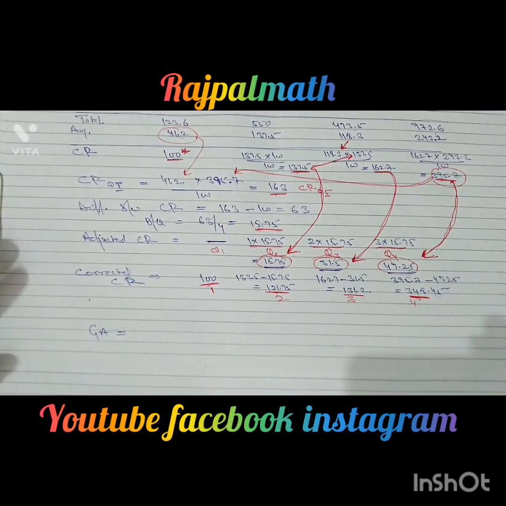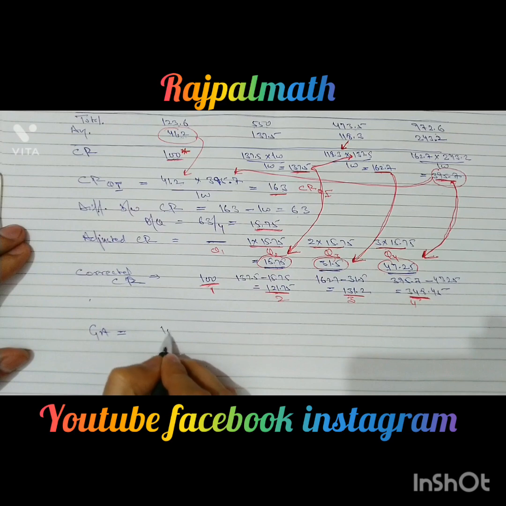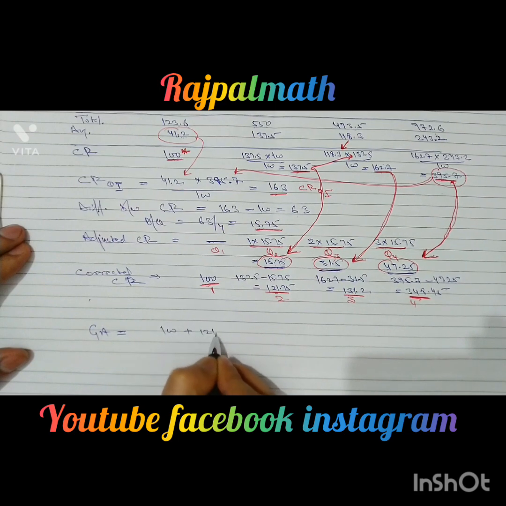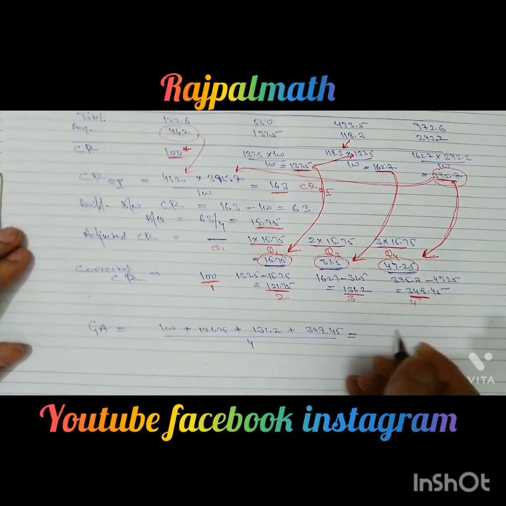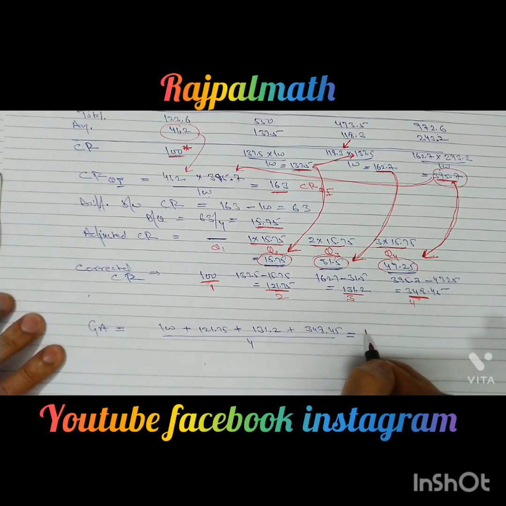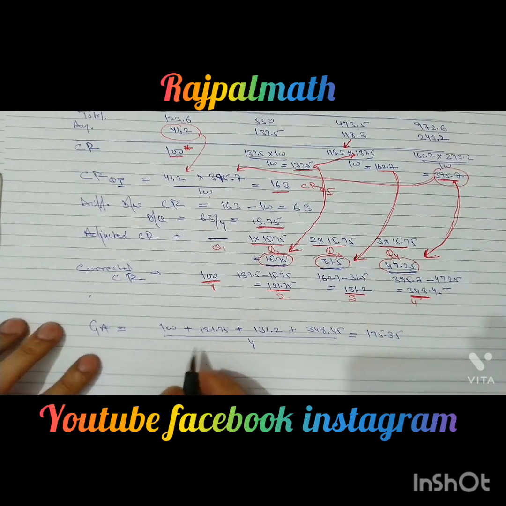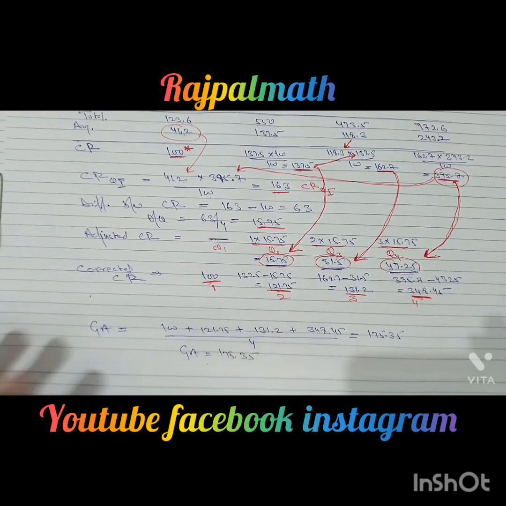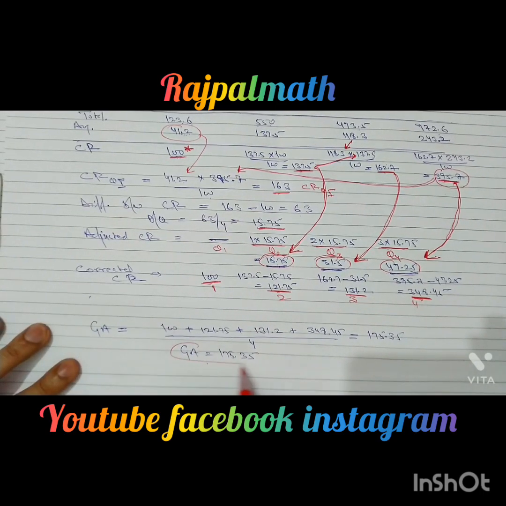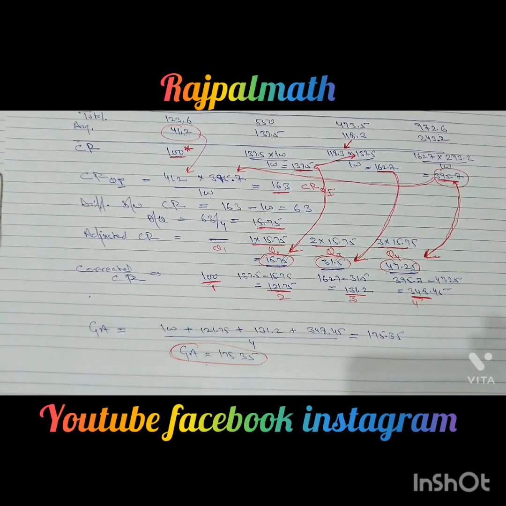Find the average of these: 100 plus 121.75 plus 131.2 plus 348.45 divided by 4 comes out to be 175.35. So our grand average is 175.35.